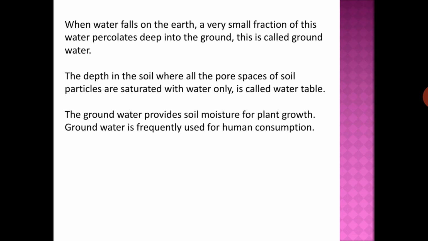The depth in the soil where all the pore spaces of the soil particles are saturated with water is called the water table. When water is absorbed by the soil, the small soil pores are filled with that water. That is the water table.